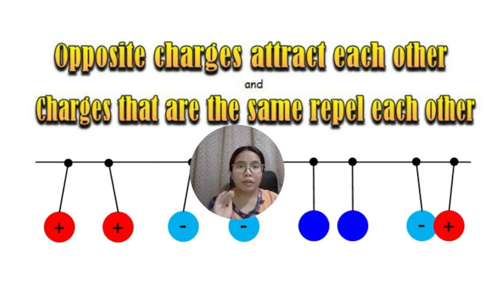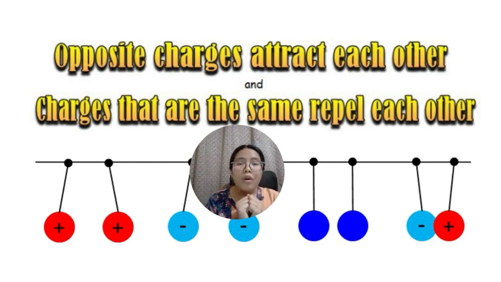Okay, so isa-isay natin. Opposite charges, ibig sabihin, magkaibang charge. Positive at saka negative, magkaiba yon. So, yung magkaibang charge, na-attract sila sa isa't isa. Ibig sabihin, nalalapit sila. Lumalapit sila sa isa't isa kapag magkaiba sila ng charge.